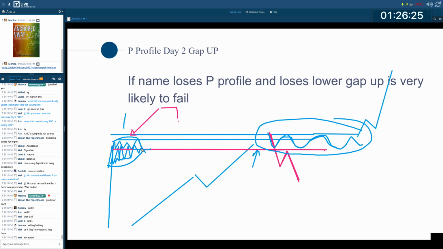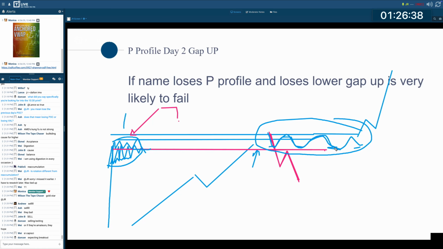Point of control here being very important given that it's a bullish P-shaped profile. They're scooping as many shares as they can here. Why are they scooping up as many shares as they can? Yes, they think it's going to go higher, right?